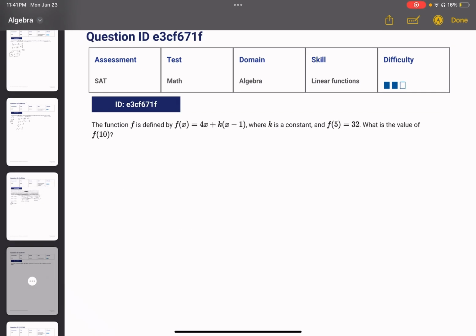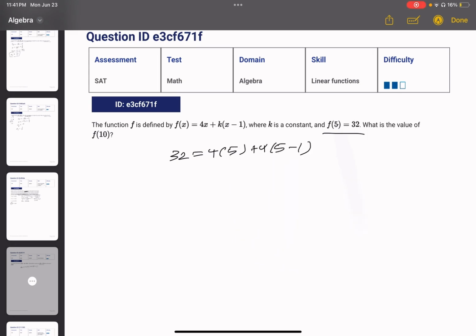The function f is defined by f of x is equal to 4x plus k times x minus 1, where k is a constant, and f of 5 is equal to 32. What is the value of f of 10? Okay, since it gives us these points already, we're going to plug them in. So we have 32 is equal to 4 times 5 plus k times 5 minus 1.